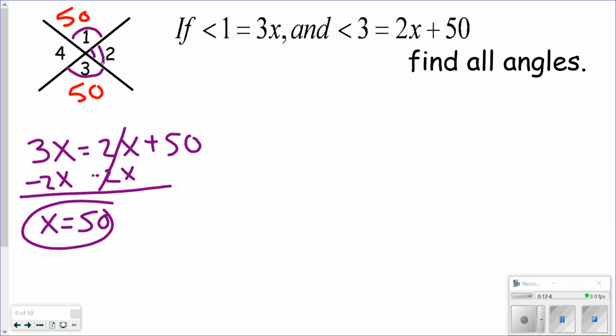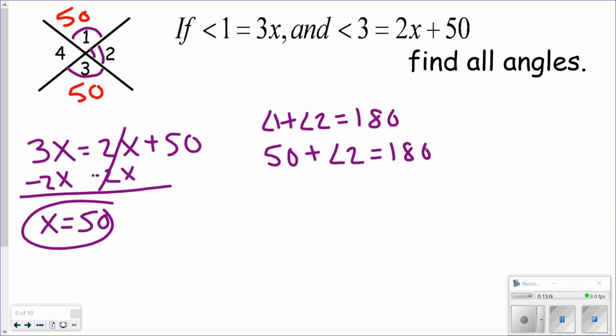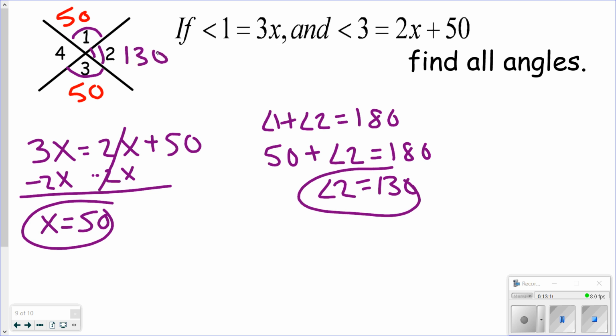So if I have angle 1 plus angle 2, that's equal to 180. Well, angle 1 we know is 150 plus angle 2 is equal to 180. That then means that angle 2 can only equal 30. So if angle 2 is equal to 30, which other angle equals 30? Angle 4, because they are vertical angles.